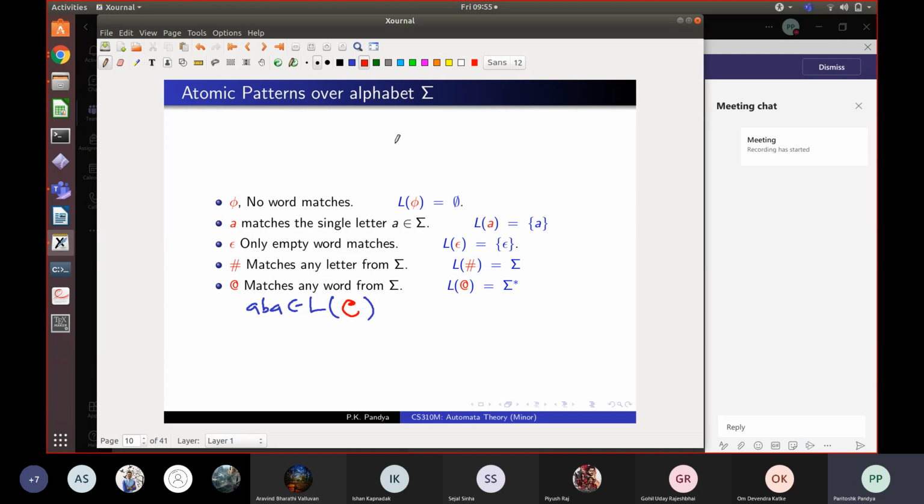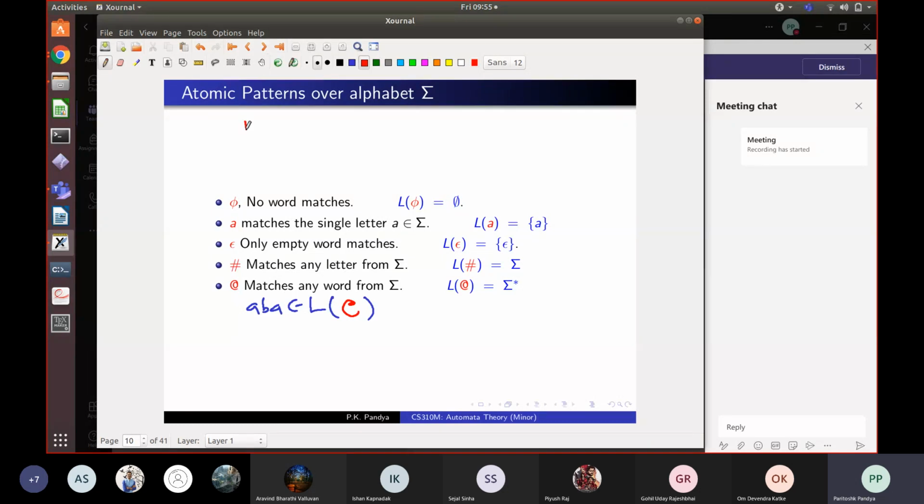And now what we can do is, we saw a lot of operations over languages, right? Like union, intersection, catenation, Kleene closure, complementation. What we will do is, using these basic languages defined by atomic patterns, we will now construct larger patterns out of it, which will give more complicated languages.